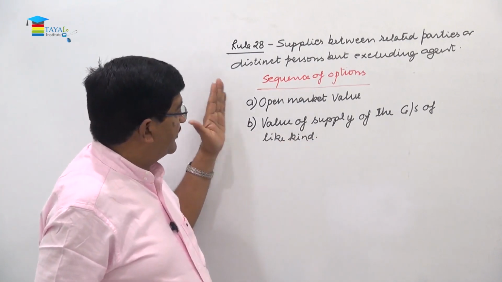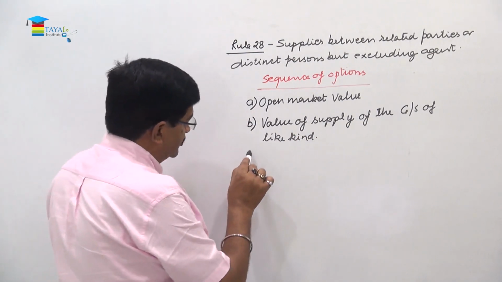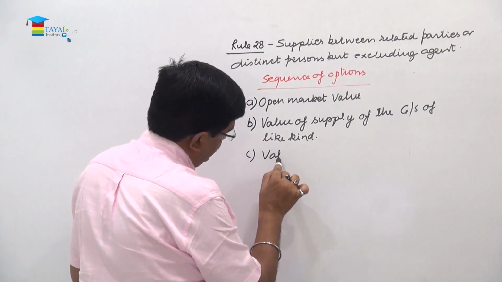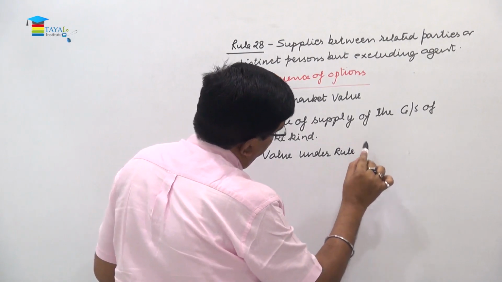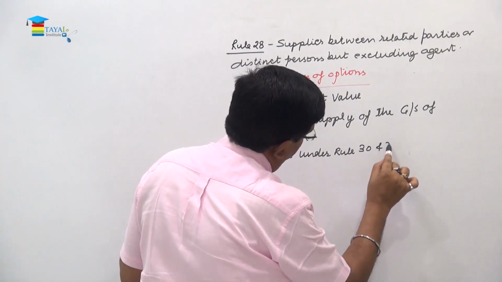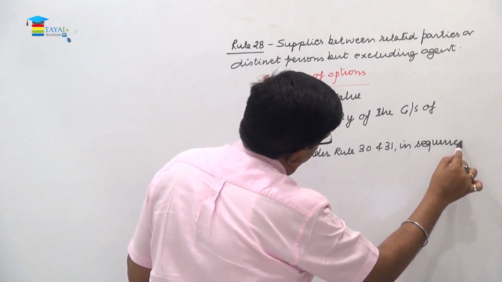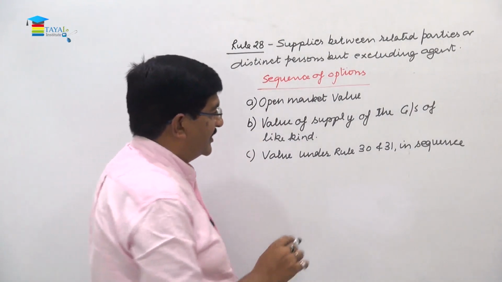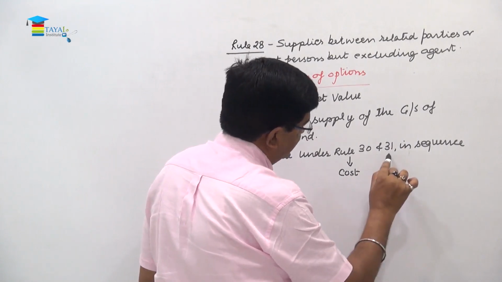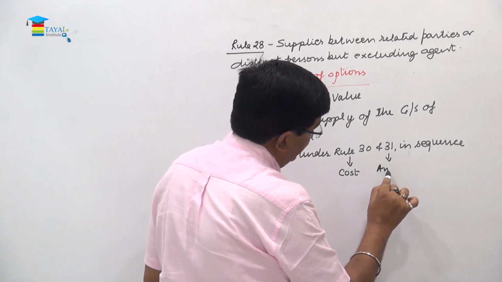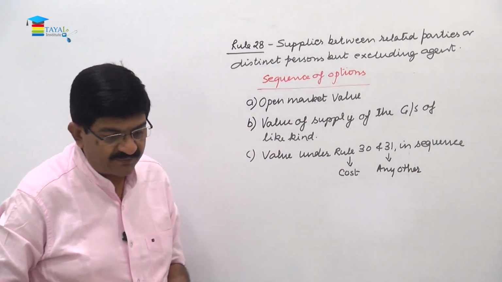So first is option A, if not then comes option B. And if it is not possible in B also, then the value under rule 30 and 31, in sequence. Rule 30 is talking about the cost-based method, and rule 31 is talking about any other reasonable method, but within the framework of the provisions, right?